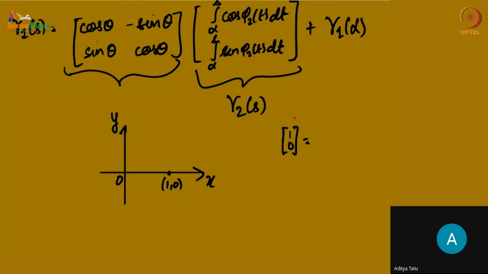The cos theta times 1 minus sin theta times 0. So you get cos theta. Similarly, sin theta times 1, cos theta times 0. You get sin theta. So this is nothing but a rotation matrix where the rotation is by an angle theta.